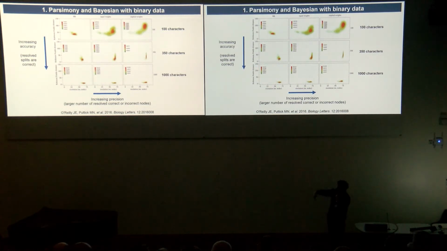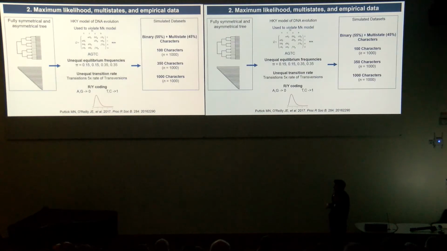And going down the y-axis is increasing accuracy, lower relative false distance. Bayesian tends to live in this space where it has high accuracy but low precision, whereas the parsimony methods, when they get higher precision, are resolving nodes that are incorrect. So our take-home message from this was that Bayesian achieves higher accuracy at the price of lower precision.